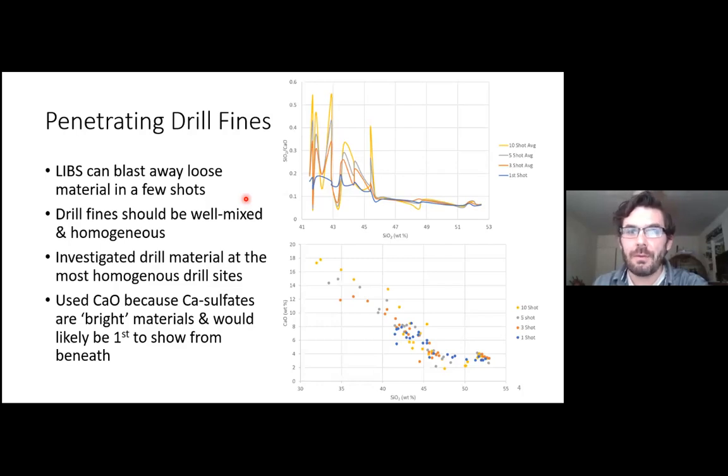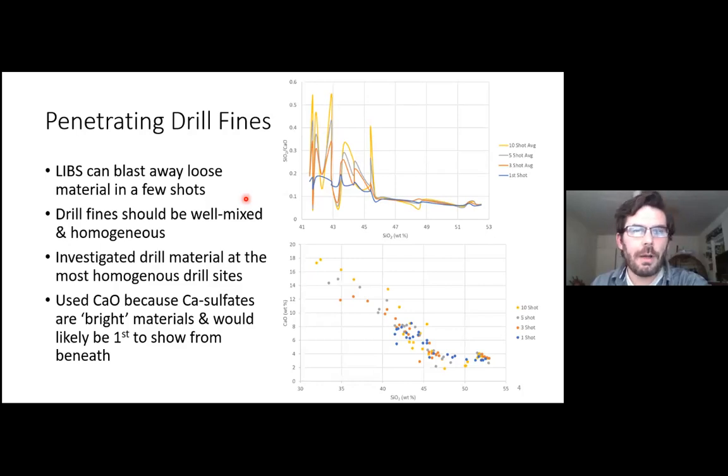And the drill fines are, of course, loose material, and not a lot of loose material. It's not like shooting into a soil where there's just a lot more soil underneath it. So based off of previous research by the Curiosity engineering team, we know the drill fines should be a fairly well mixed and homogeneous material. So the ChemCam shots into them need to reflect that.